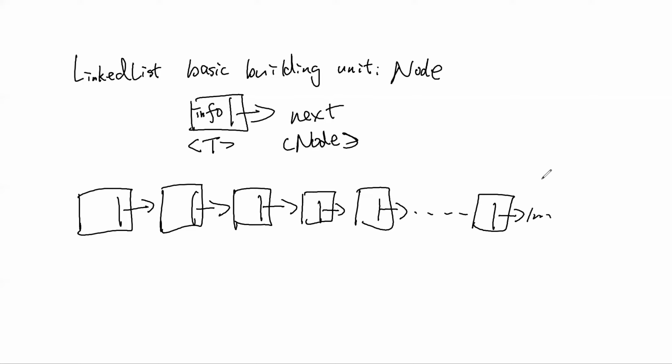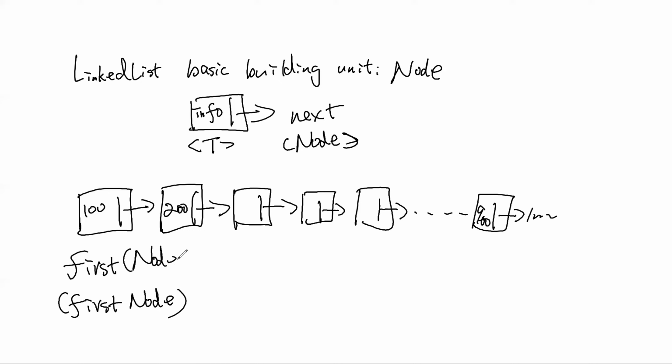We have 100, 200, something, as opposed to 900, something. So then we only need to know the first node. The type is a node. And once you know the first node, you know everyone.